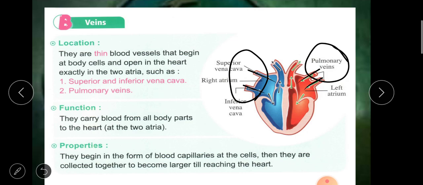They begin in the form of blood capillaries, and then they are collected together and become larger till reaching the heart. As the veins take the blood from the cells or from the body parts, their beginning is from the cell, and they are very small in the beginning.